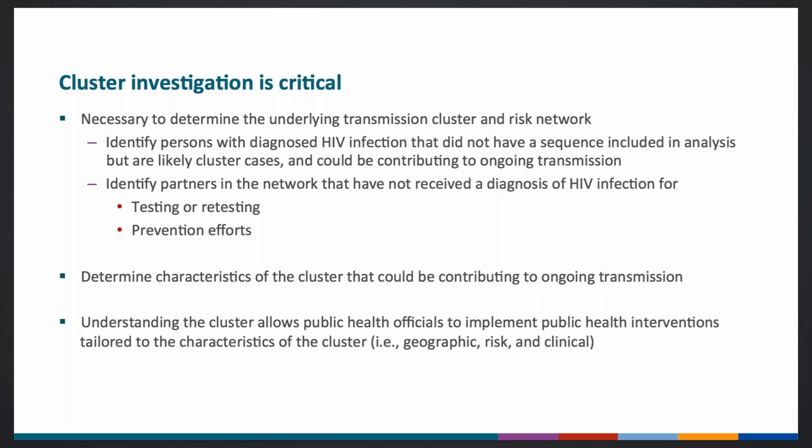We also want to identify partners in the network that haven't received a diagnosis of HIV infection so that we can encourage them to get retested and initiate appropriate prevention efforts. Cluster investigation also allows us to determine characteristics of the cluster that could be contributing to ongoing transmission that might be amenable to larger scale or structural changes, and then implement public health interventions tailored to the characteristics of the cluster. Next slide.